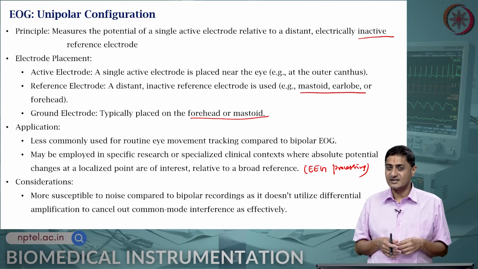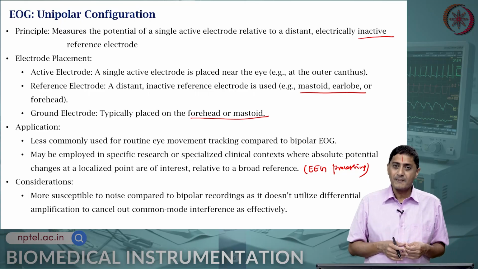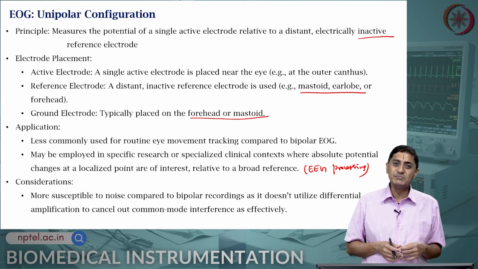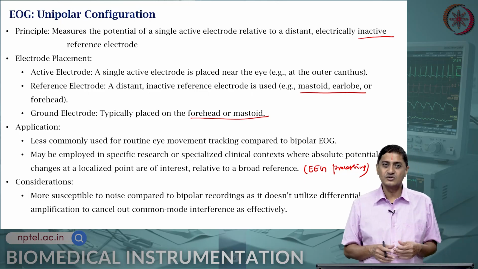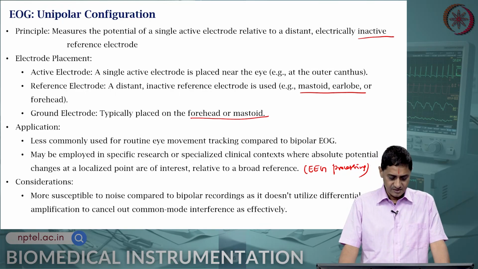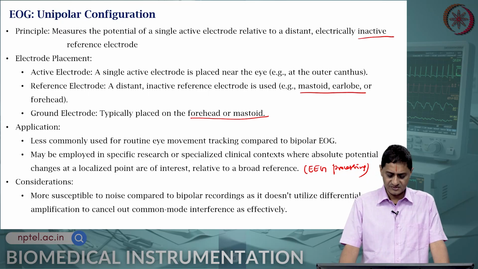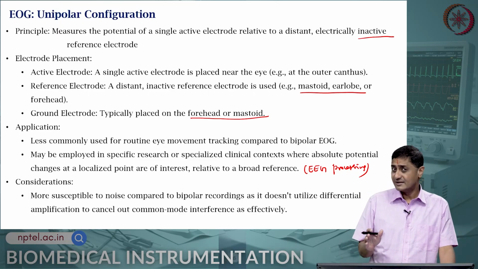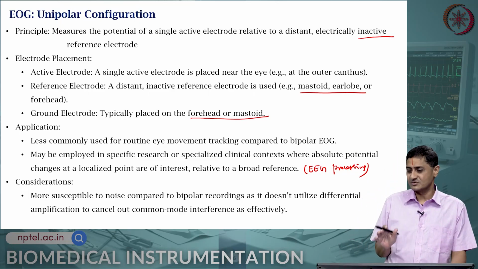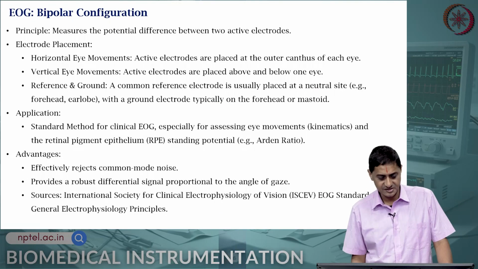Then quite often the EOG signal is used as the input to identify when eye movements are happening, so that you could adjust the signal processing in EEG accordingly. Of course, being unipolar, this is more susceptible to noise because you do not have differential amplification. That means there is poor common mode rejection, so the common mode interference will still be there, but note that this has its own application. So, it is used in research and in specialized applications.